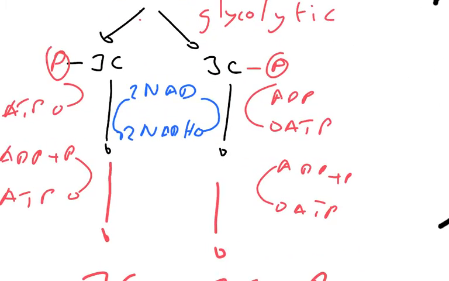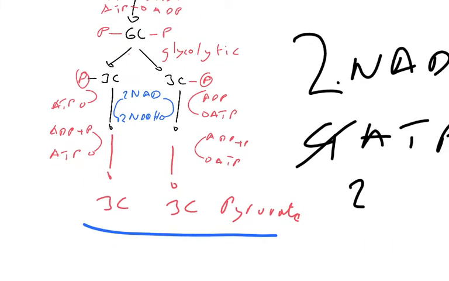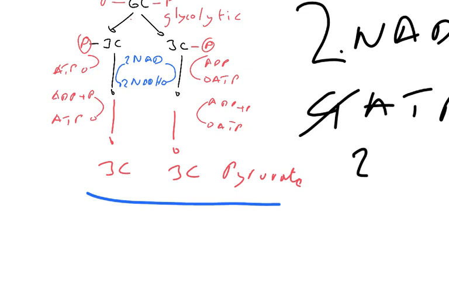This process will continue. The problem is that these NADs are being used and being reduced to form NADHs. So in order for it to continue, you must have more NADs being produced. Now, you can produce those NADs in two ways.